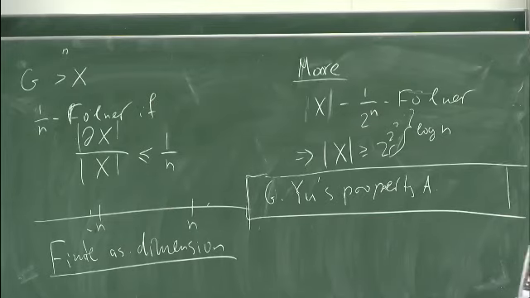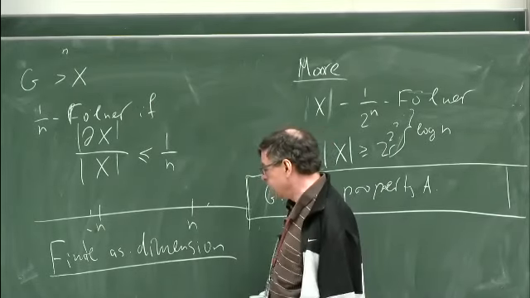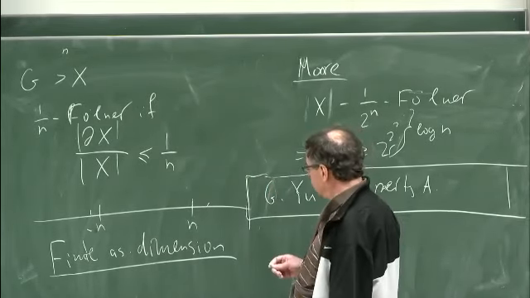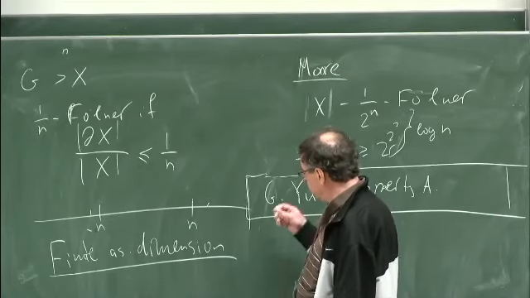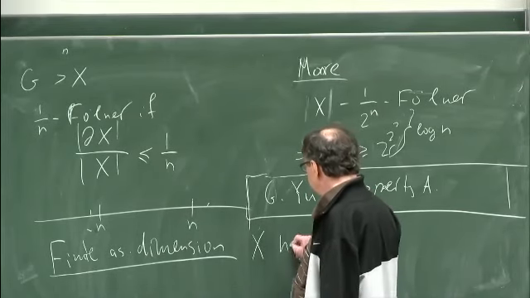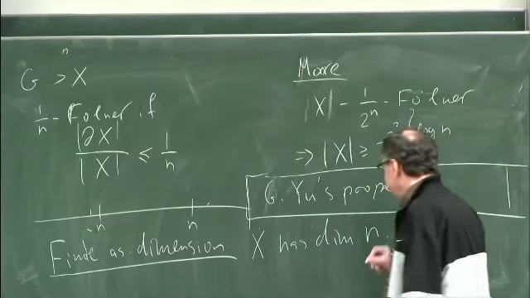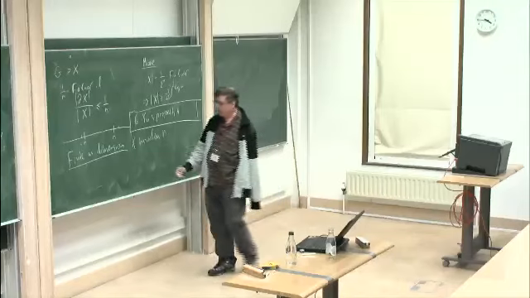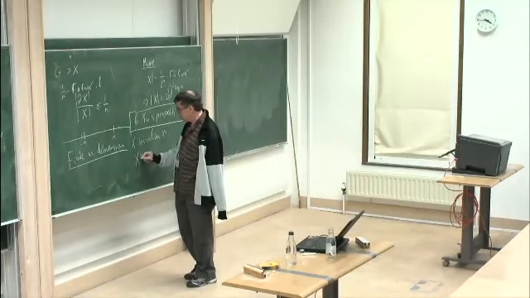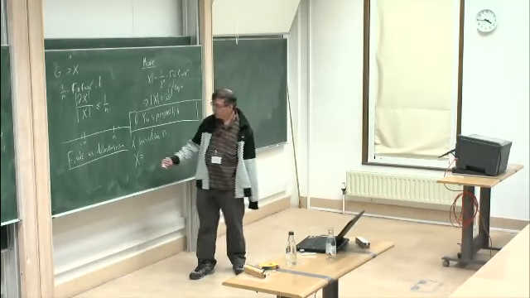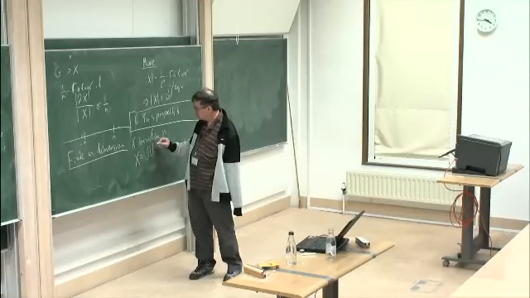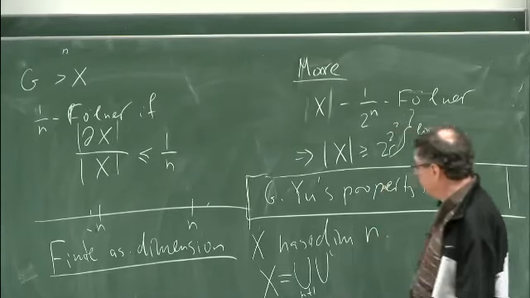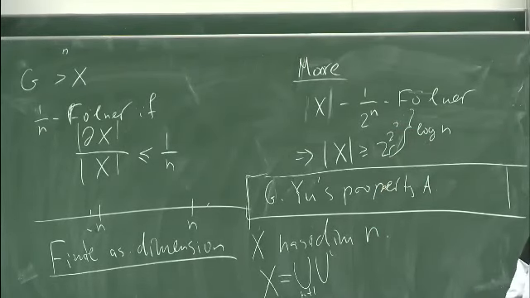Okay, so finite asymptotic dimension is the following thing. We say that a space or a Cayley graph of a group has asymptotic dimension n if the following thing happens. If we can write down X as a union of n plus 1 families of bounded subsets, so finite subsets.